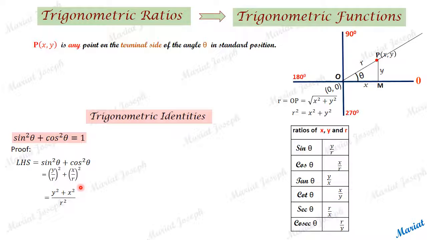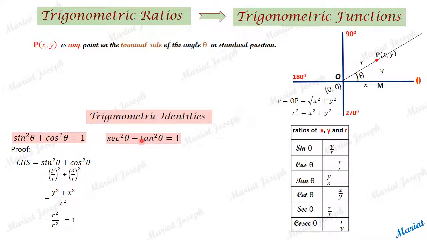Taking LCM, r square is the denominator, y square plus x square. But y square plus x square is equal to r square because of this equation, squaring both sides. So this numerator can be rewritten as r square. So we have r square upon r square, which is equal to 1. So this identity holds good for this new definition.